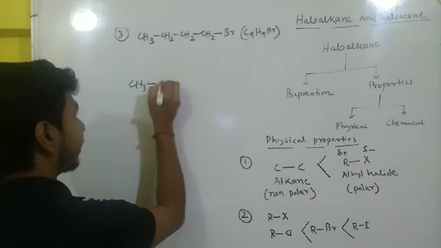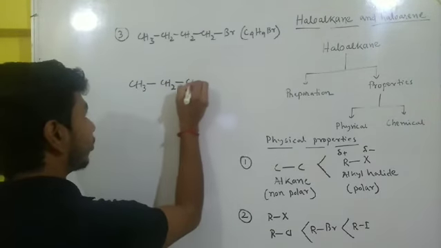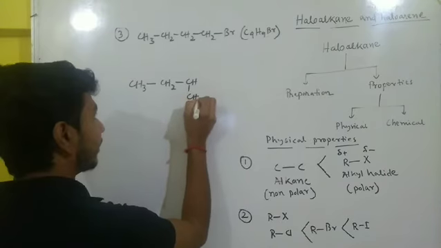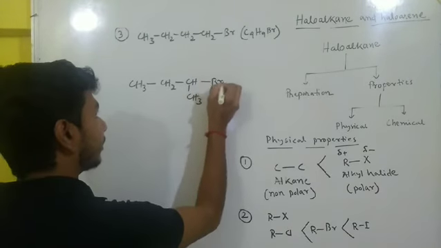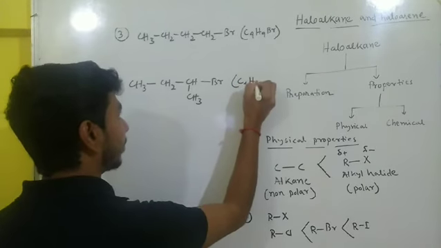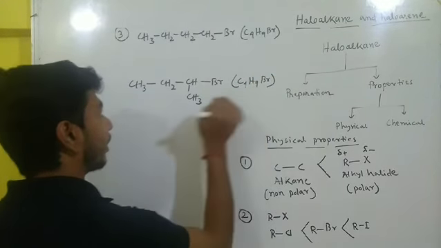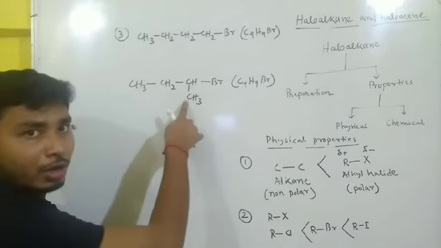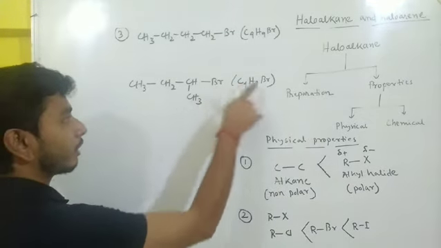Again, another one, CH3, CH2, CH, CH3, Br. Here also the molecular formula is C4H9Br. Altogether there are 4 carbons, 9 hydrogens and 1 Br.